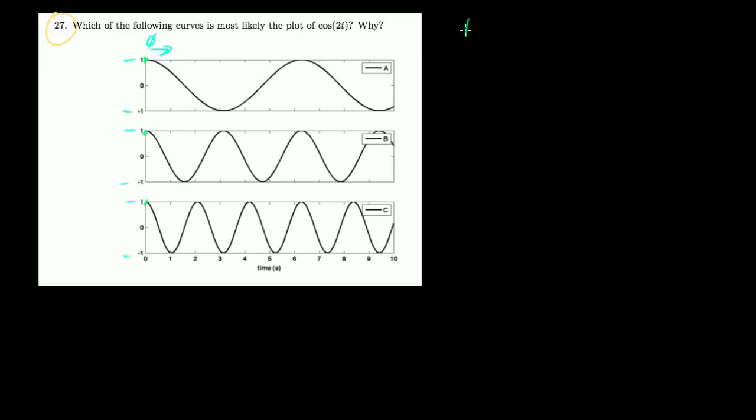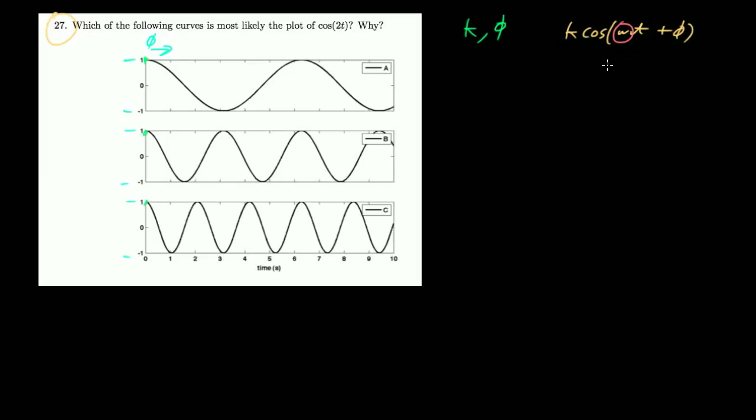So if we can't use k and we can't use phi to figure this out, remembering that a general cosine is k cosine of omega t plus phi, the last thing we can use is omega. K, omega, and phi define the cosine.